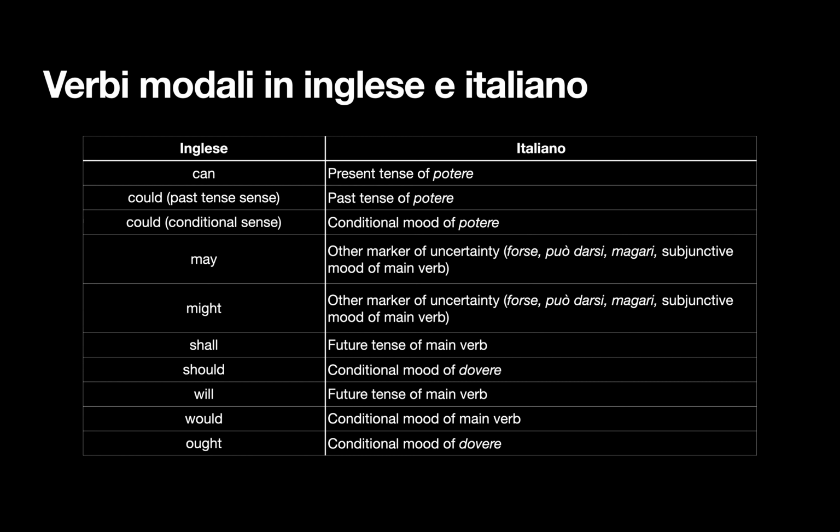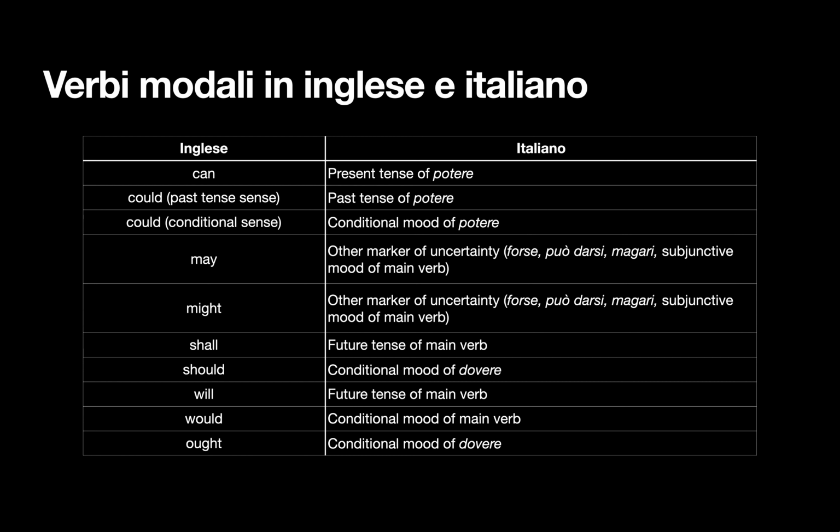"May." The word "may" is usually covered by some other marker of uncertainty. Forse means maybe, può darsi means maybe, magari means maybe, probably. It could also be the subjunctive mood of the main verb with those other words.